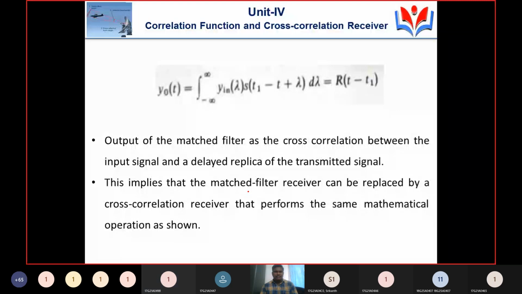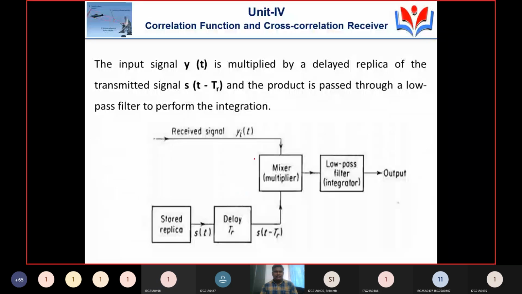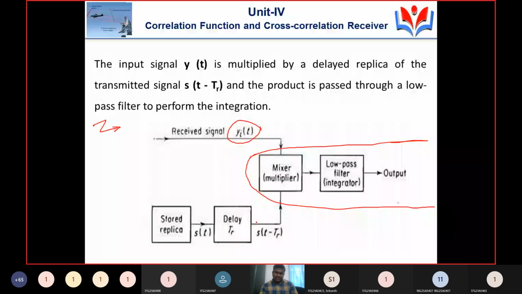So this is the receiver, the radar receiver. This radar receiver receives two inputs here. One is the signal which is received from the free space, that is Y input of T. It may be contaminated with some noise. Then this is the transmitter section. From the transmitter section, we supply a reference signal delayed by some amount TR.